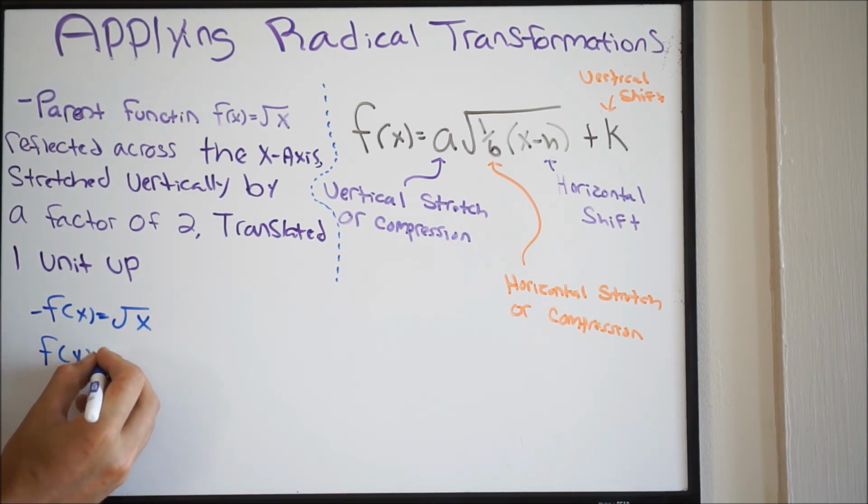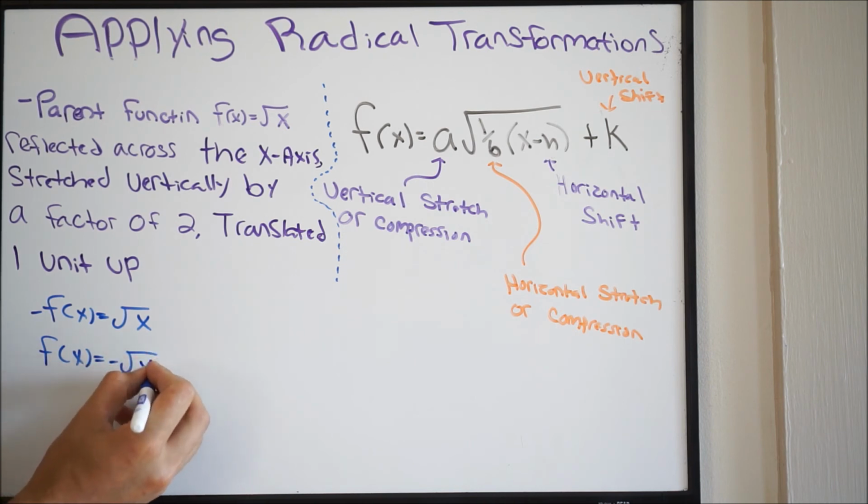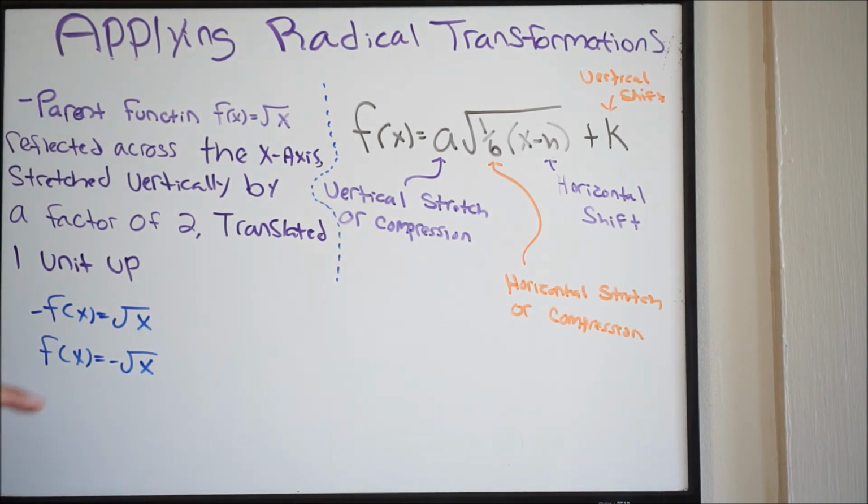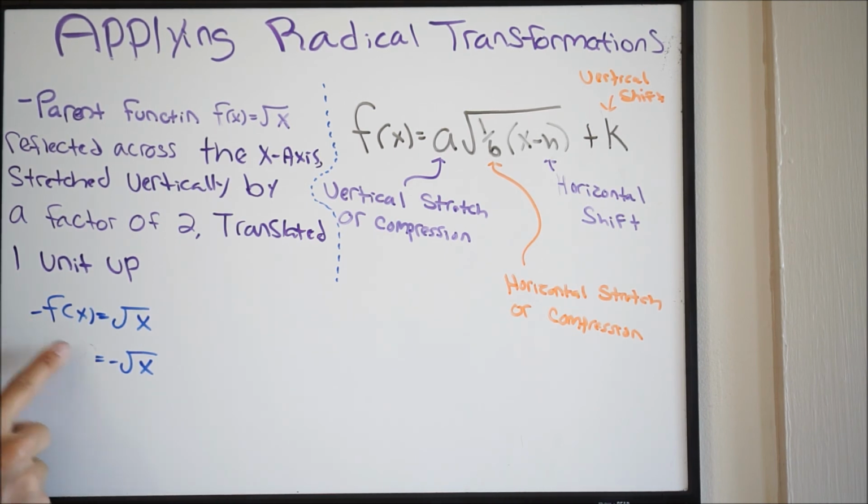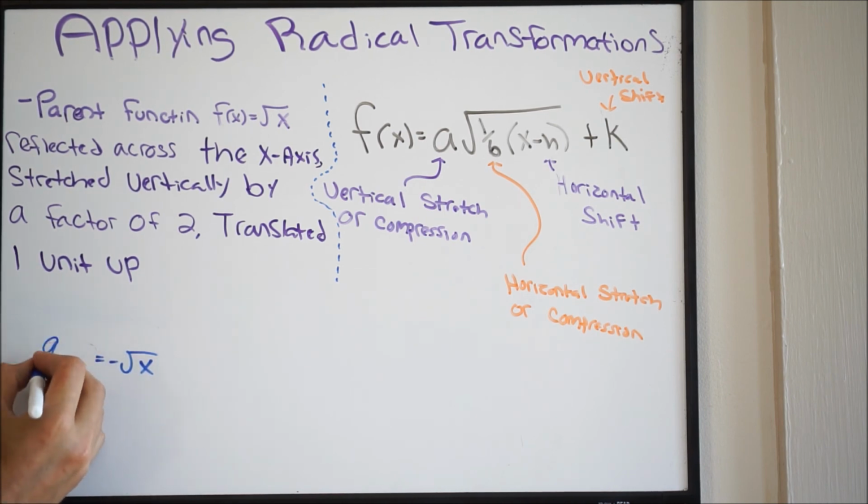So we'll have f of x equals negative square root of x. Notice how the negative is out in front. When you see that, you know that you're dealing with a reflection across the x-axis. So we just proved that. We're going to leave this like that, however, we're going to call this g of x because we're creating a new function here. So that is going to be our first transformation.